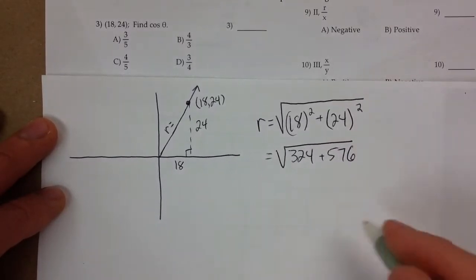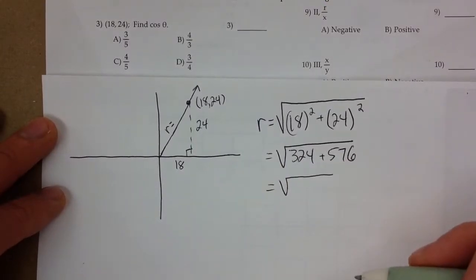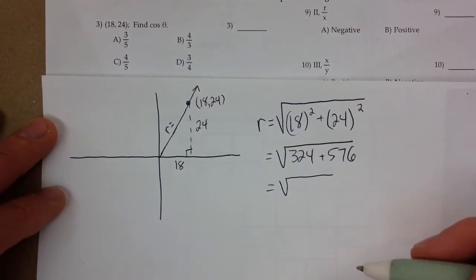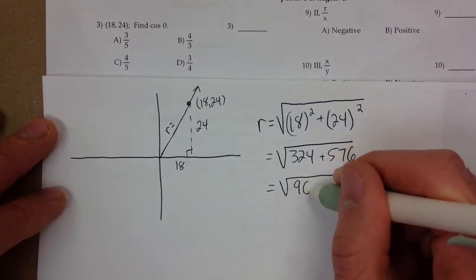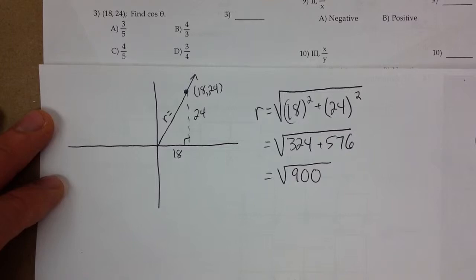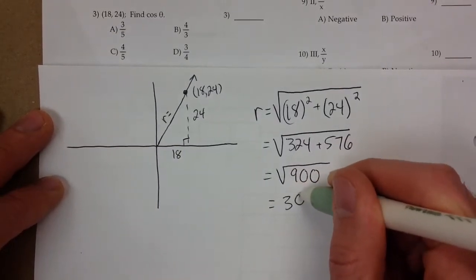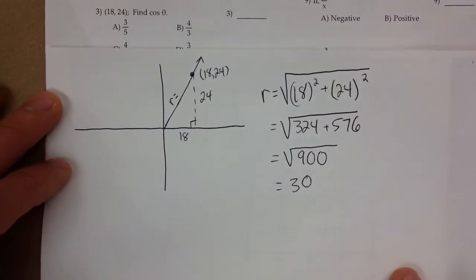Add those two numbers. I'm going to go with 900. Good. So we're almost done.